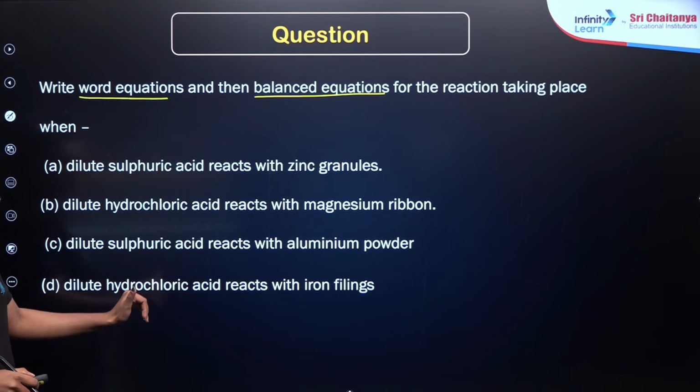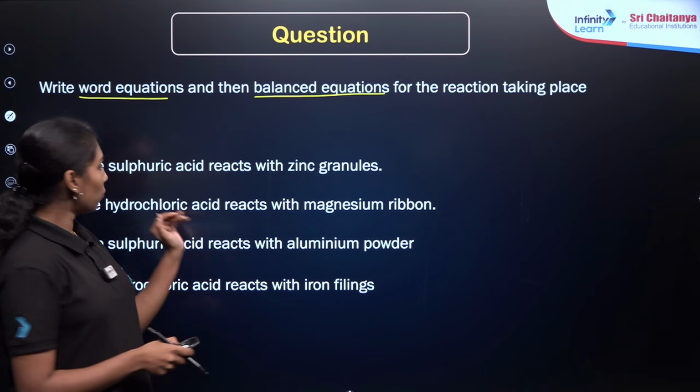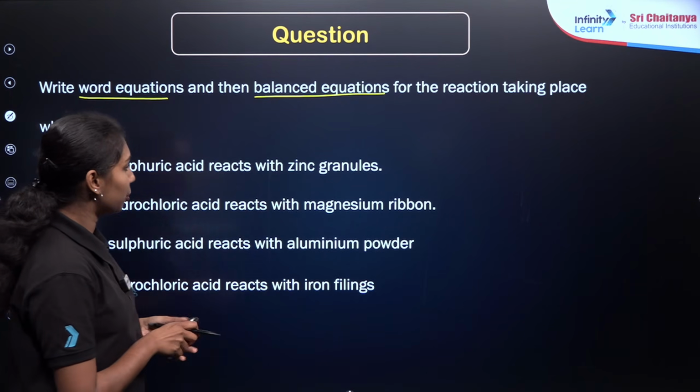This is not an option-wise question. We need to identify the balanced equation for each of the reactions given here, right?